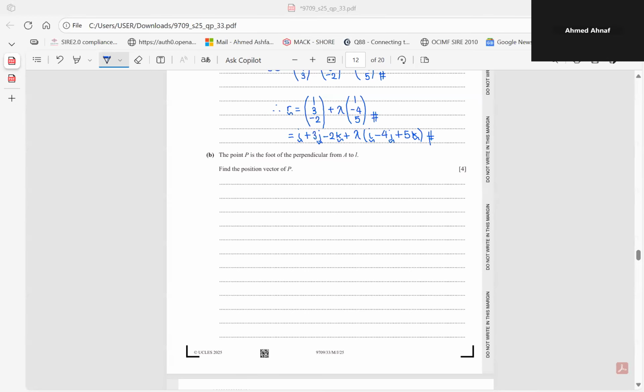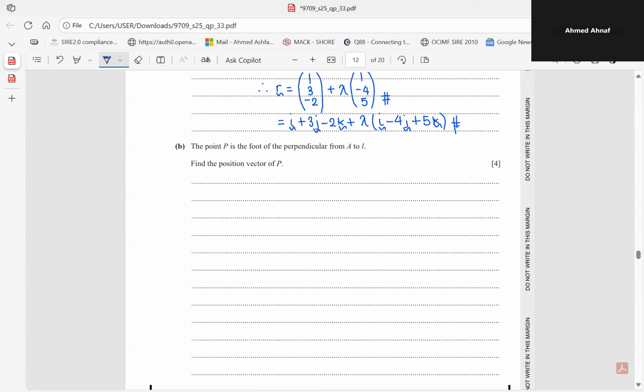All right, so for this part, we're told that the point P is the foot of the perpendicular from A to L, and we have to find the position vector of P. Okay, so to do this question, let's sketch a diagram.